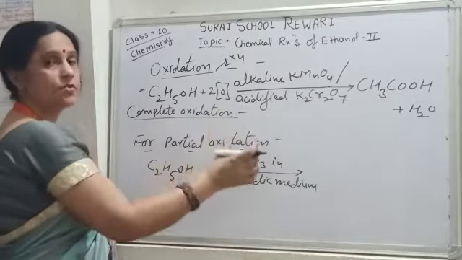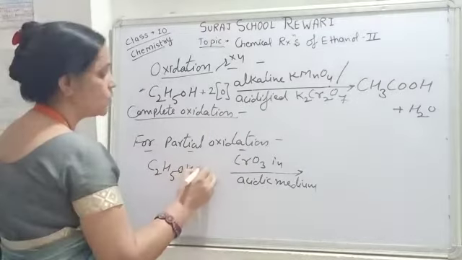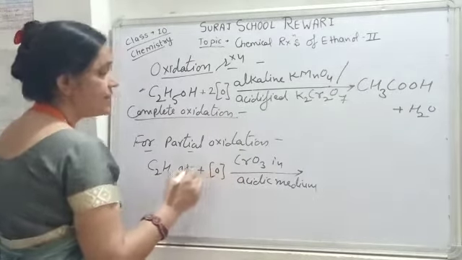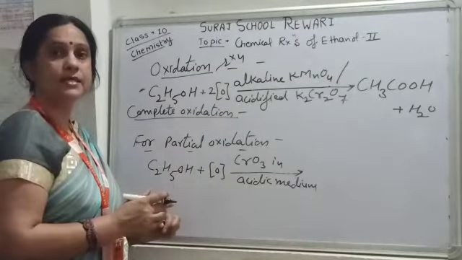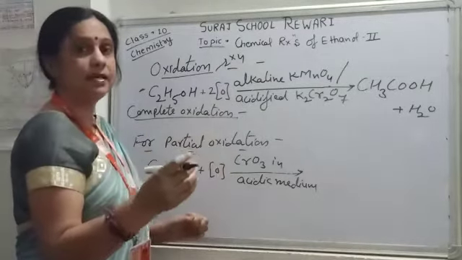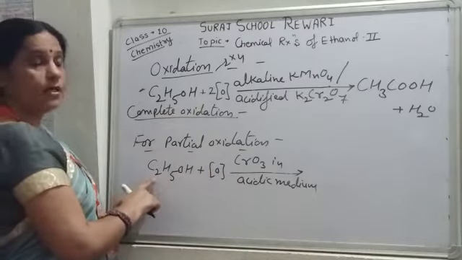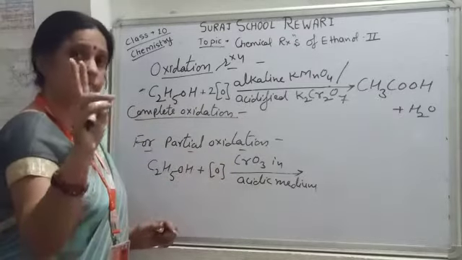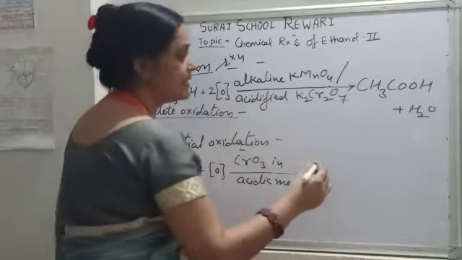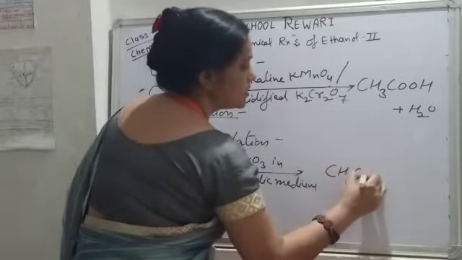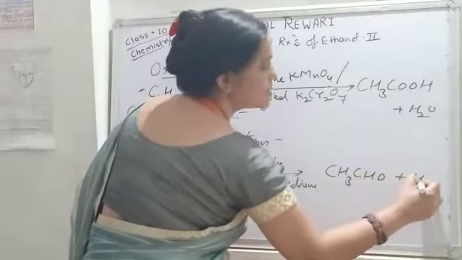It partially oxidizes the ethyl alcohol. And when ethyl alcohol partially oxidizes, it produces aldehyde. Two carbons of alcohol here, so we get the 2 carbon aldehyde, which is acetaldehyde, CH3CHO plus water.